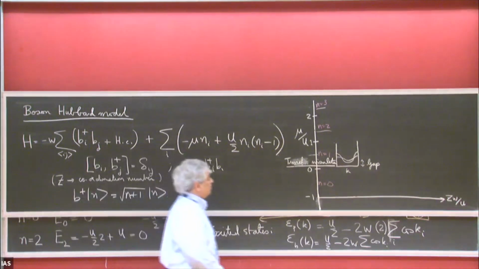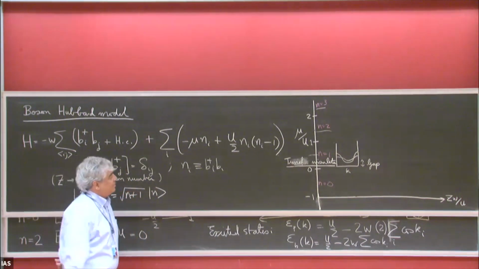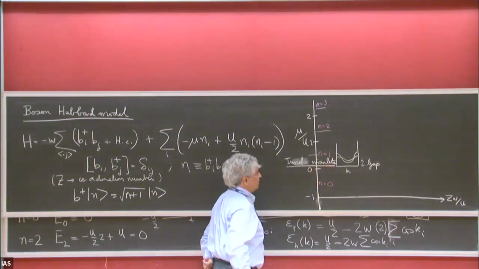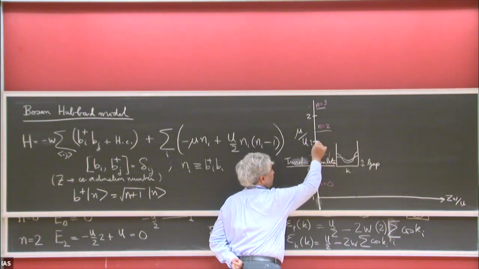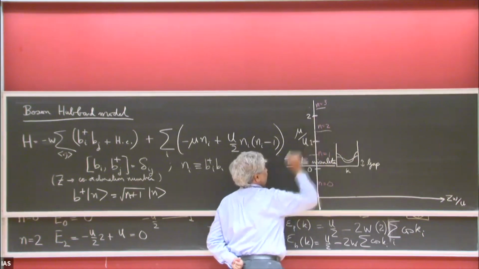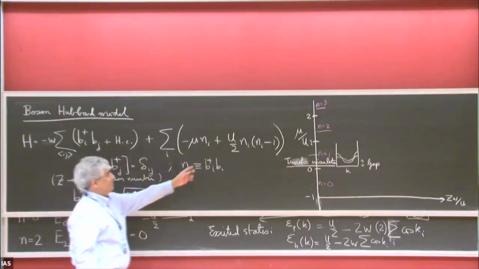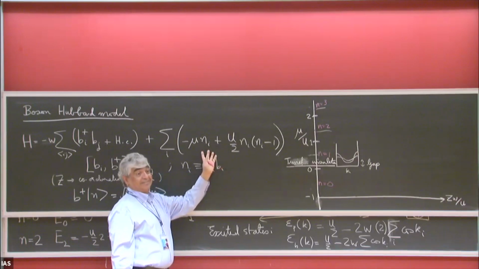All right, so another thing you can see here is that this insulating behavior, this conclusion that it has to be this trivial insulator, does not hold at these special points. These are gapless points. Let's say at mu equals 1. At mu equals 1, you can check that the n equals 1 and the n equals 2 states are degenerate.